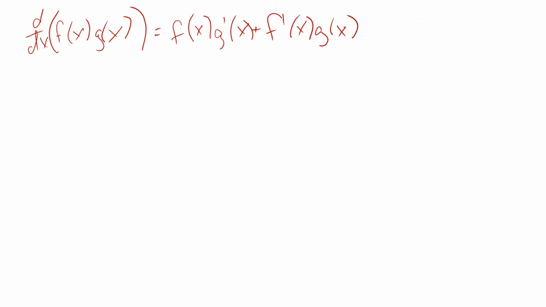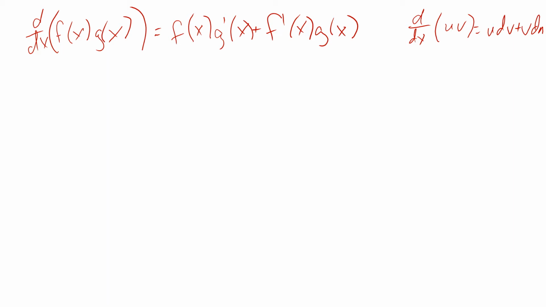Or if we take the derivative of uv, we get u dv plus v du. So that's the product rule. That's with deriving, finding the derivative. Well, what does that do for us for integrating?